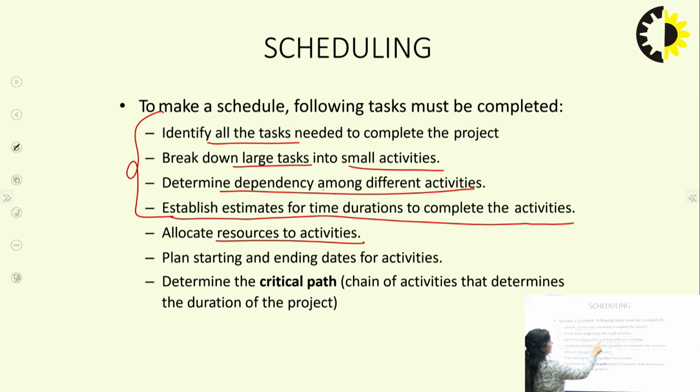After time duration, we allocate the resources to those activities. Then we plan the starting and ending dates for those activities, and finally we determine the critical path, or the chain of activities that determines the duration of the project. So from that critical path, the duration can be calculated.